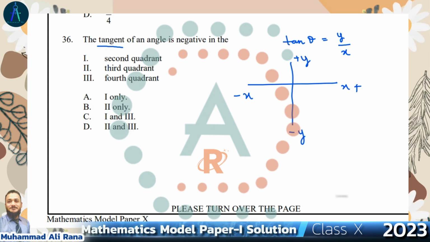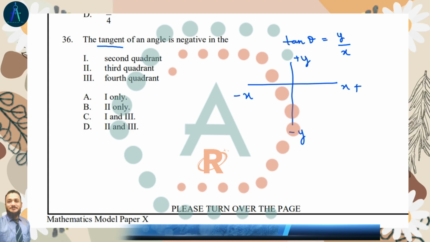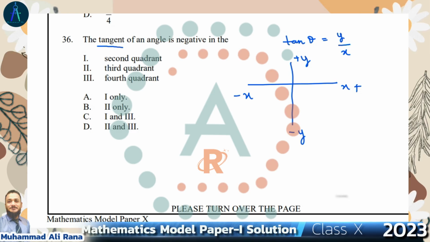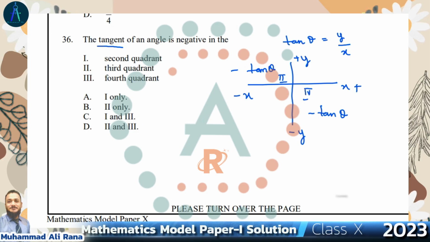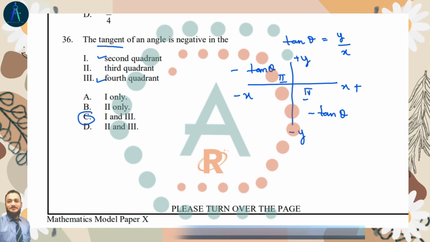In the first quadrant, all the ratios are positive. In the second quadrant, y is plus and x is minus, which means tangent will be negative. And in the fourth quadrant, tangent will be negative. So the answer is second quadrant and fourth quadrant, so 2 and 4 will be the right answer.